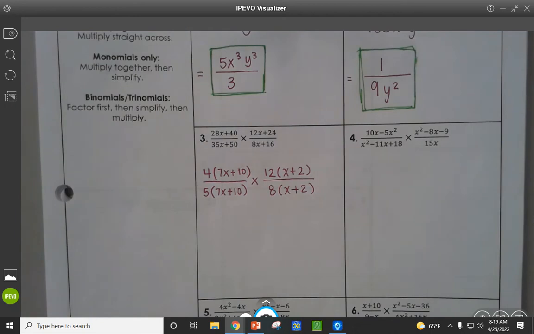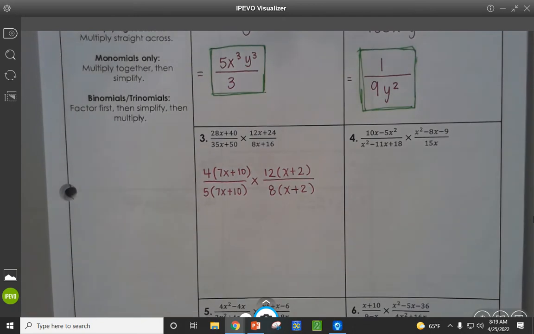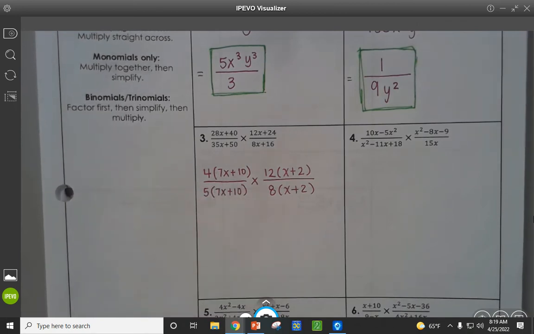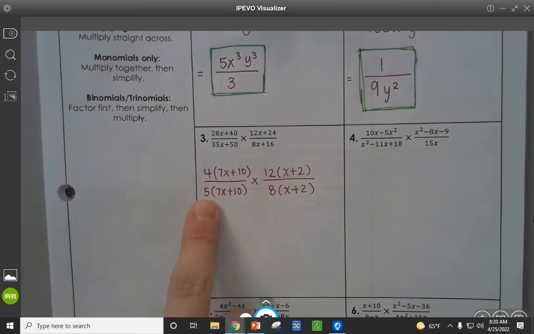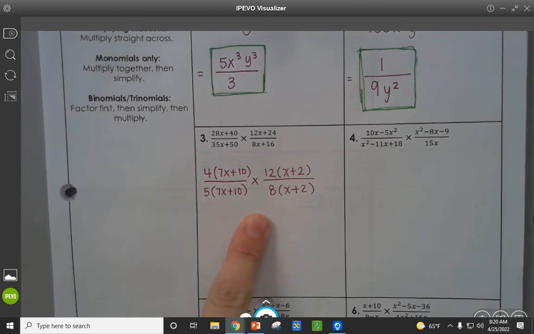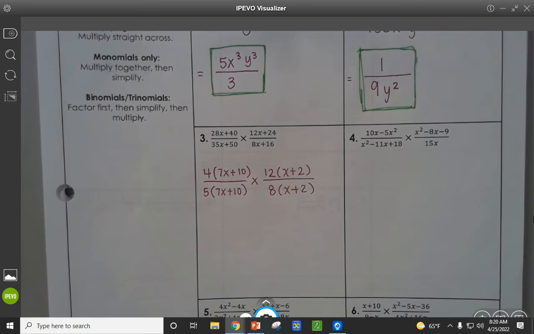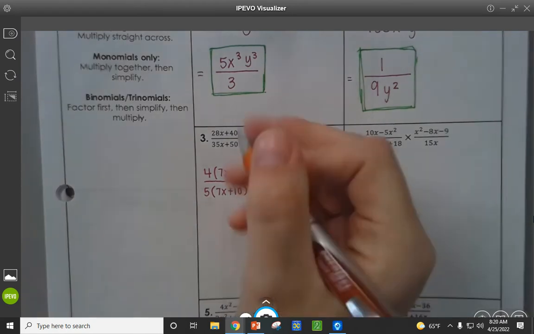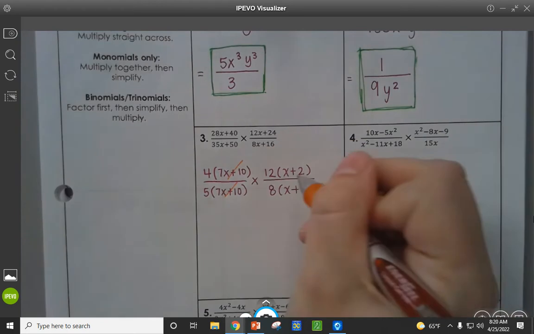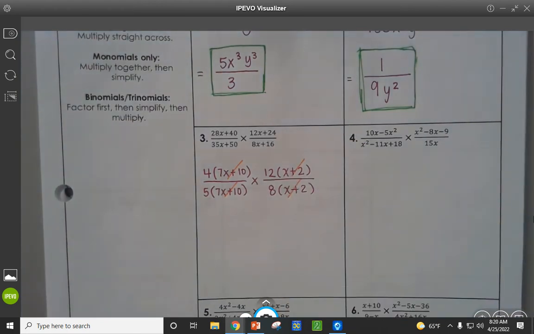Once we have completely factored, we see what factors can be canceled out. So you can cancel out basically anything that's being multiplied, that is a factor. So 4 is a factor, and then 7x plus 10 is a factor. 5 is a factor, 7x plus 10 is a factor. And you can only cancel out complete factors. So we can cancel out these 7x plus 10s and these x plus 2s.